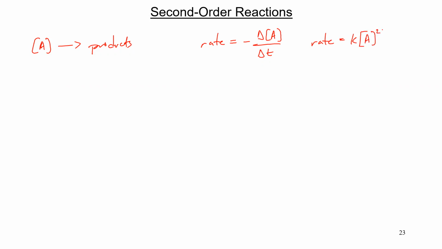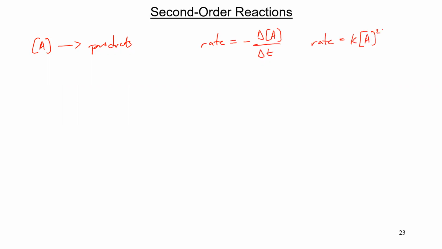For a second order reaction, again, we're going to take just sort of a standard A going to something else. We know still that the rate expression doesn't change, right? It's still negative change in concentration of A over change in time. But now, because I know that it's second order, my rate law changes. And so it's K times concentration of A squared, right?